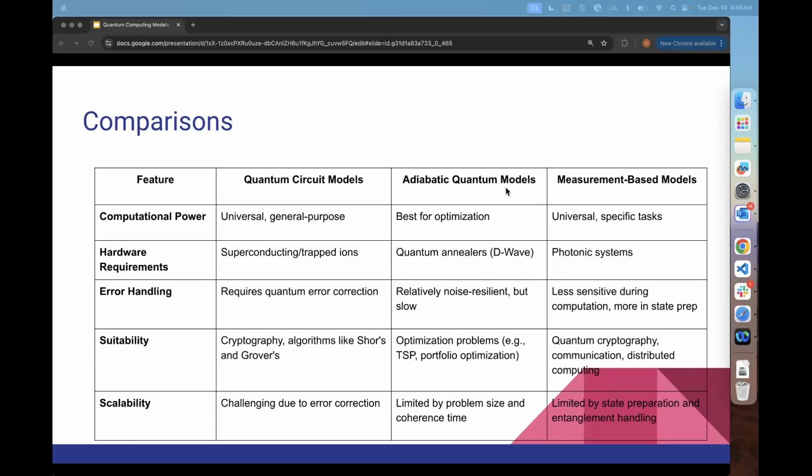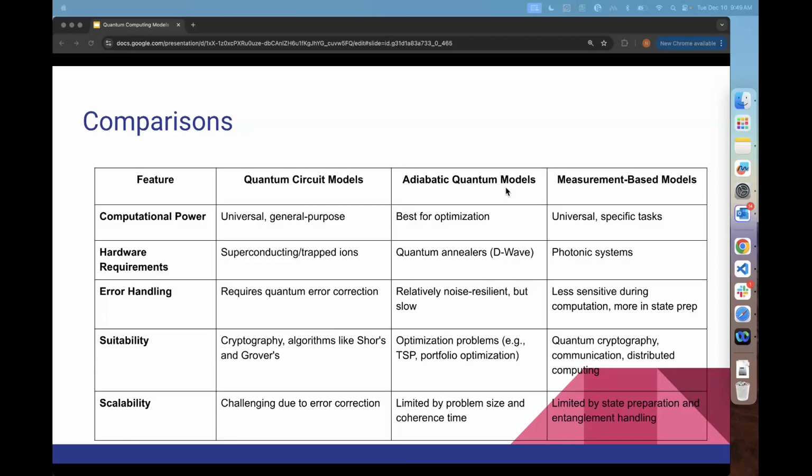These are relatively noise resilient but slow, because as we said, when we move from the initial Hamiltonian to the final Hamiltonian, the changes to that state should be slow enough such that the qubits stay in their ground state.